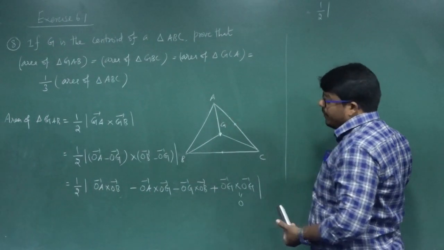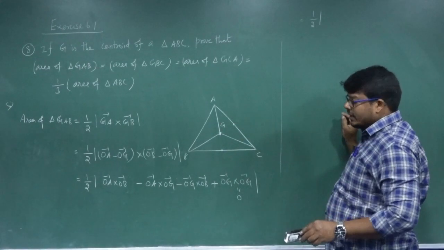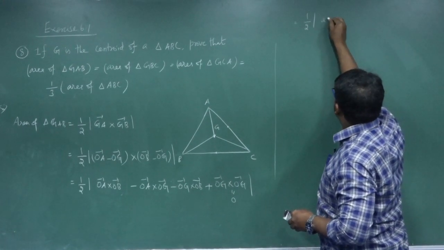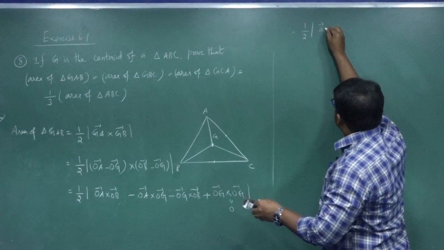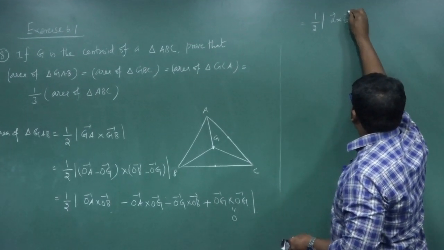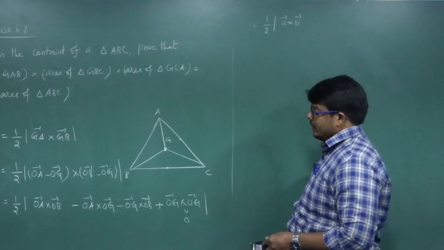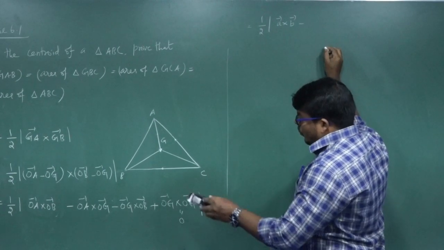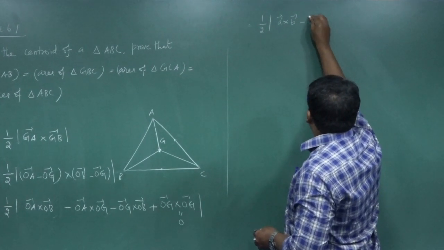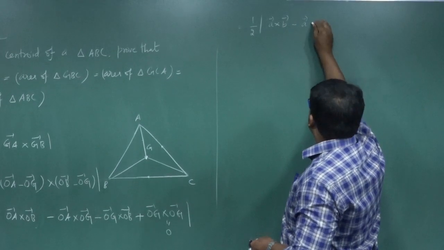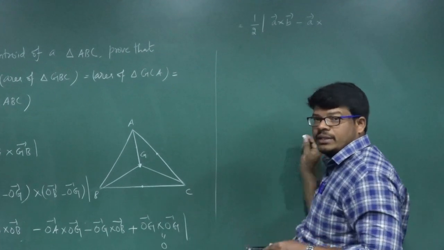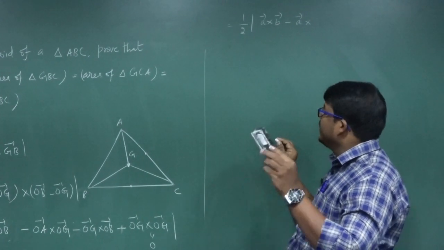OA vector cross OB vector, where OA is a position vector, OA vector is small a vector. That is small a vector cross b vector, where OB is small b vector. OG vector is a position vector, that is the centroid.